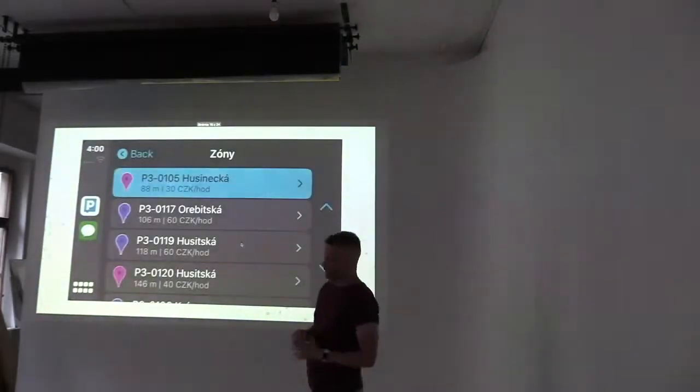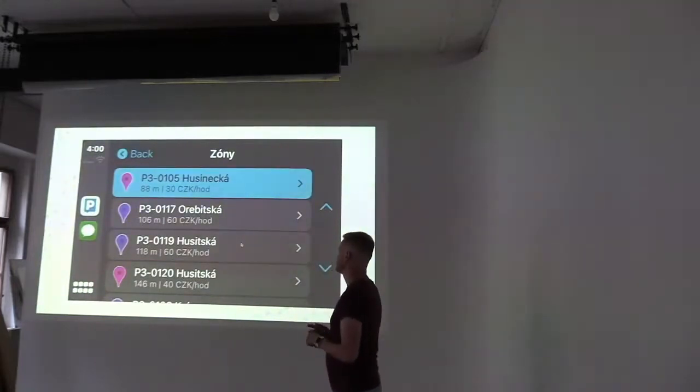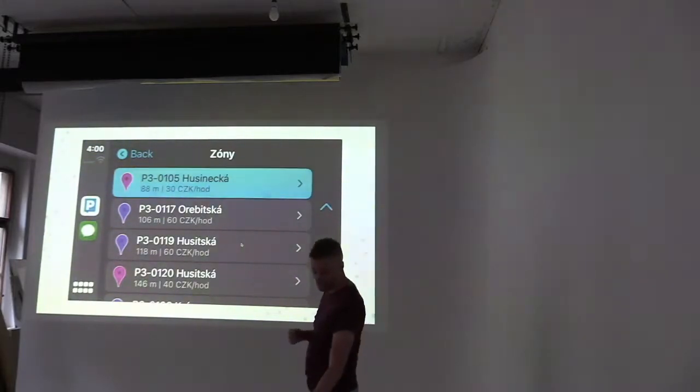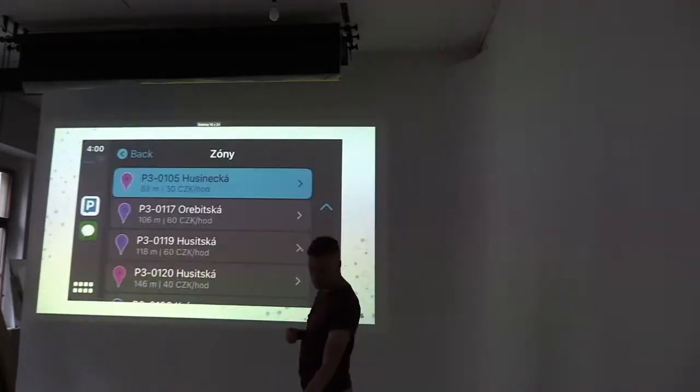Then we created a list of zones that are sorted by the distance from the current location, so the user can select the nearest one. But if you are here in this zone, you cannot perfectly see in which zone you are, so maybe the list is the way.